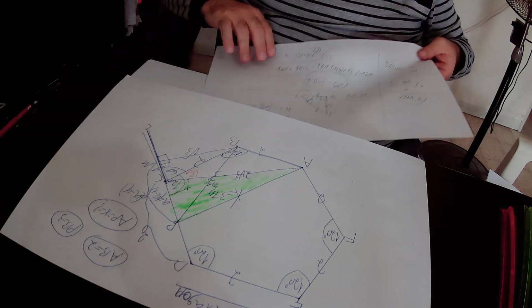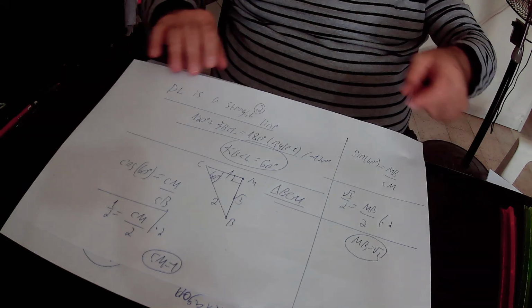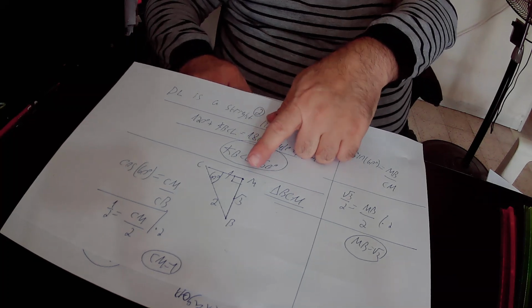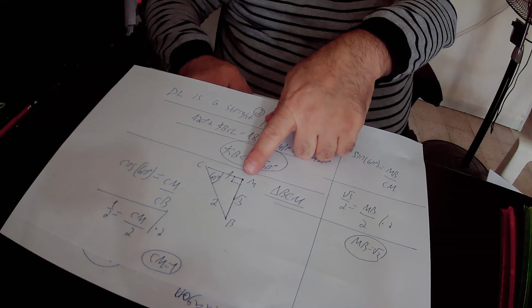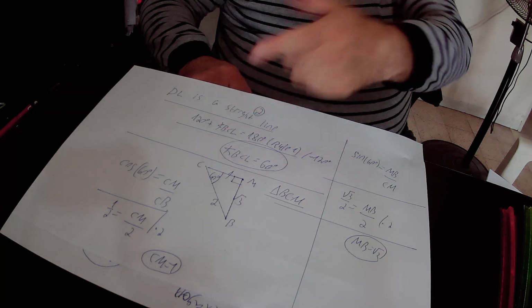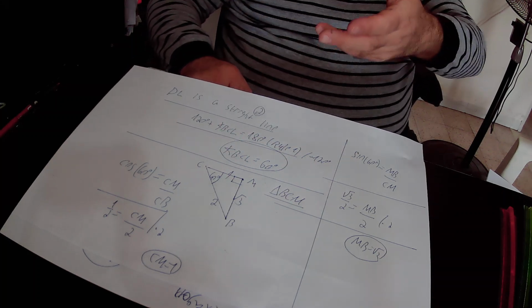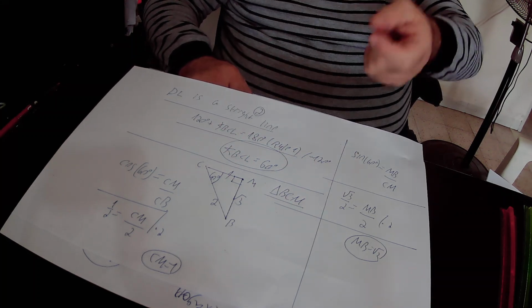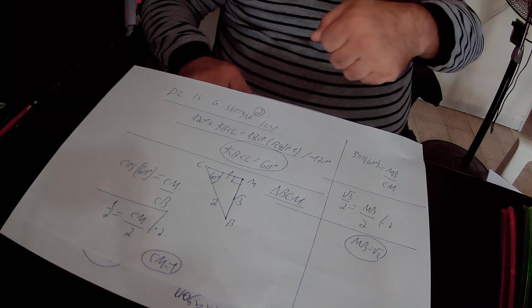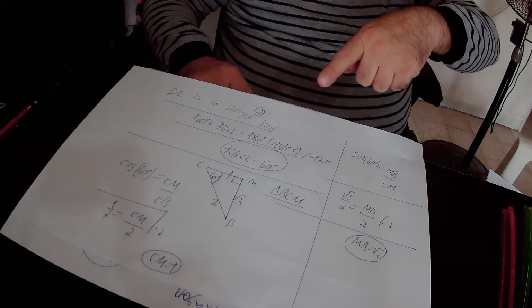We analyze triangle BCM. This angle equals 90 degrees according to our construction. This angle equals 60 degrees according to rule number 1. CB equals 2 units because it is 1 out of 6 sides of the regular hexagon ABCDEF, and all the sides of the regular hexagon are equal to 2 units.